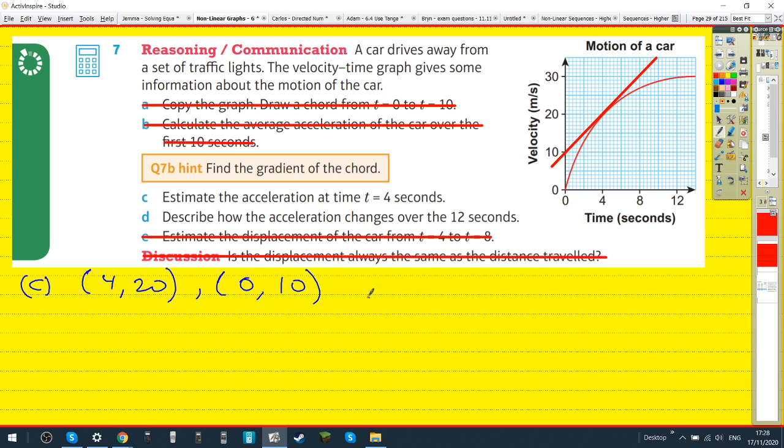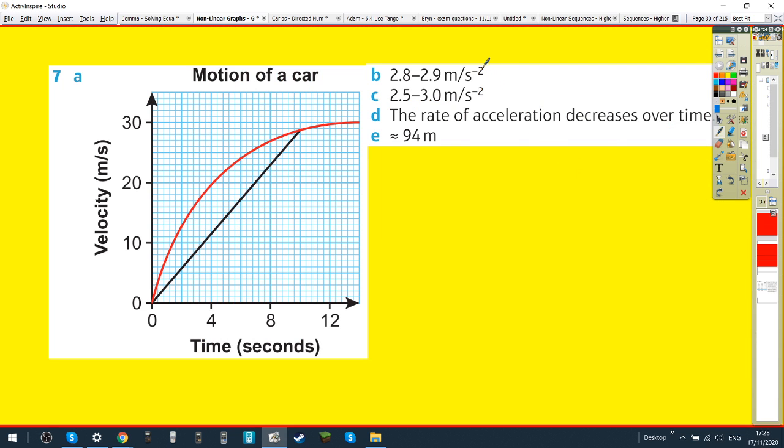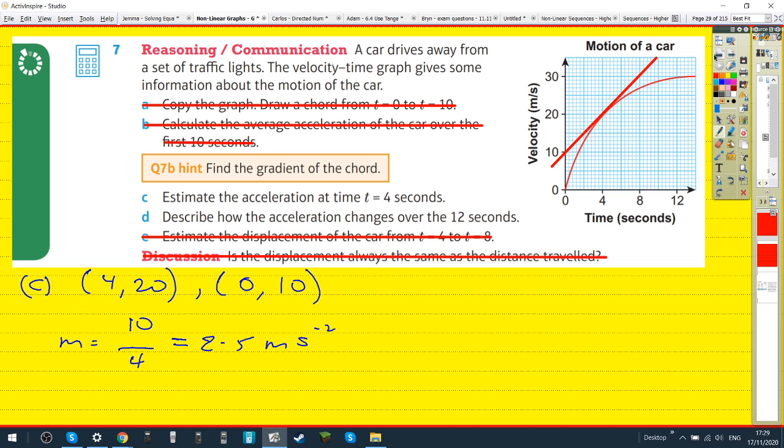And the rise is 4. Other way around, I believe. The rise is 10. Okay, run is 4. And you get 2.5. So that's 2.5 meters per second squared. That was question C.